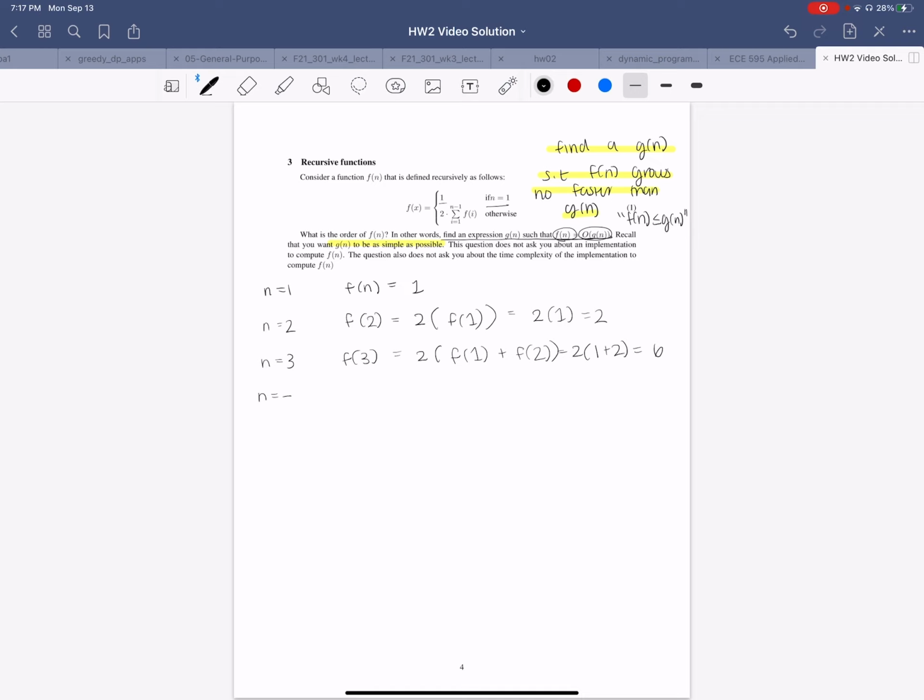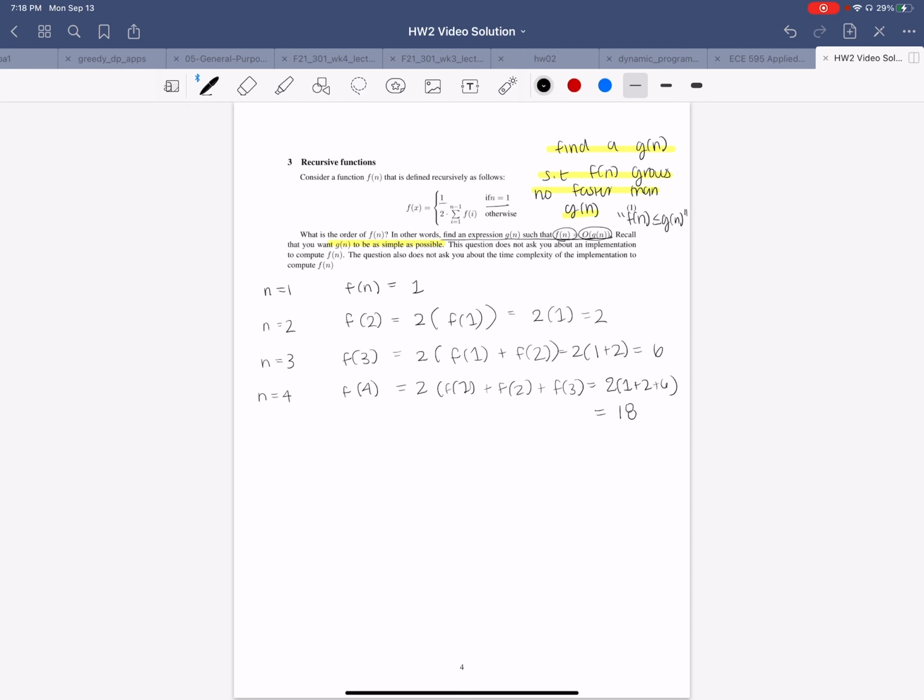And we'll do one more. f of 4, 2 times f of 1 plus f of 2 plus f of 3. That would be 2 times 1 plus 2 plus 6. 2 times 3 plus 6 is 18.